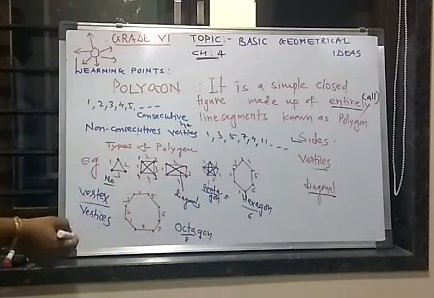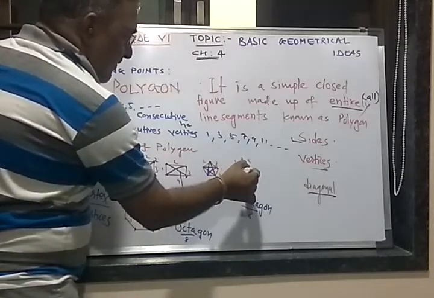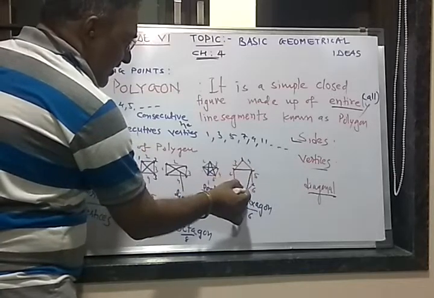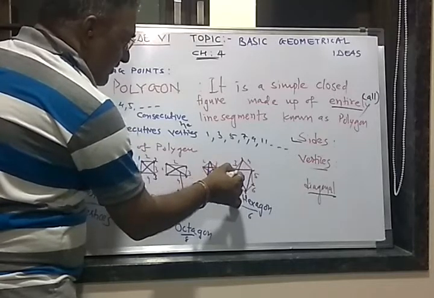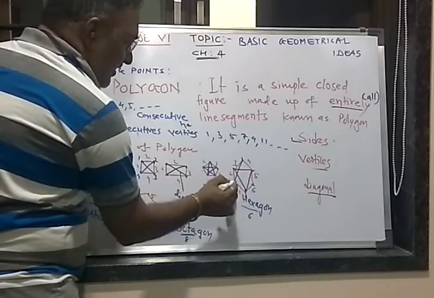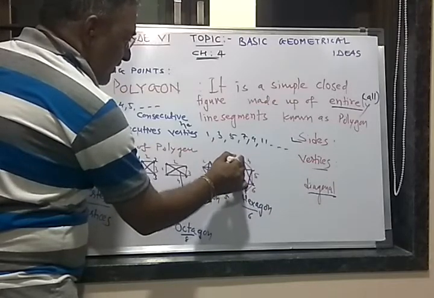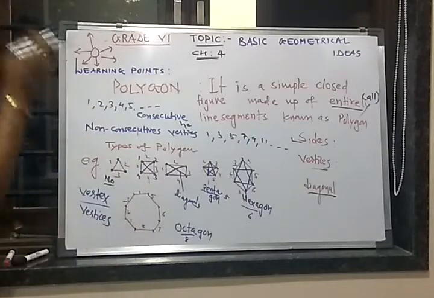Here you see, from here, not this, from here, not this, from here, not this. Like this way you can draw diagonals.